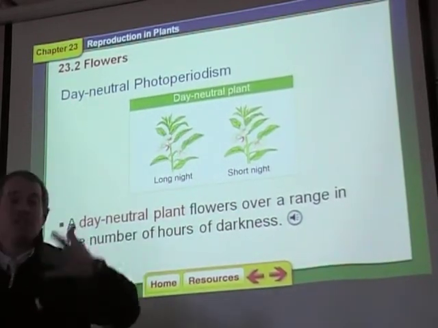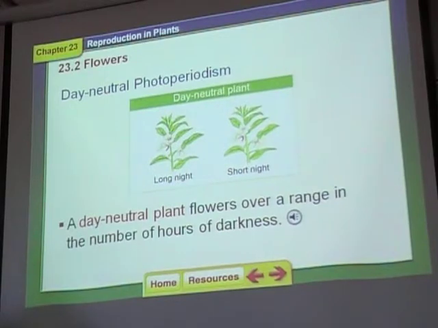It just depends on something else. A lot of times you'll find these things in the desert. A desert plant doesn't look at days or nights. If there's water around, it'll suck up the water and flower, because water only comes so intermittently. So we call those day neutral, don't care about the length of the day.